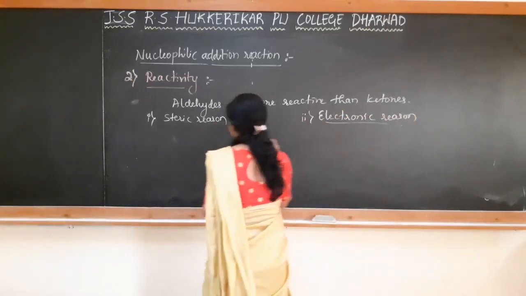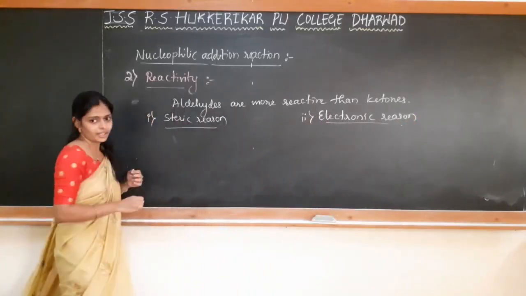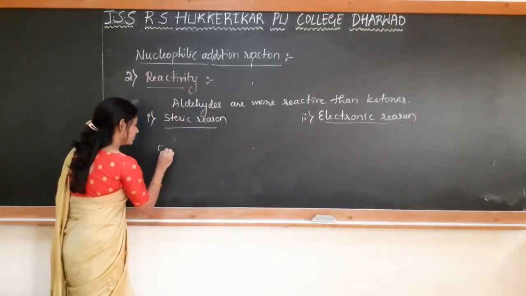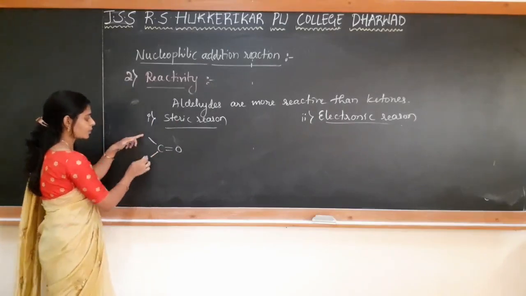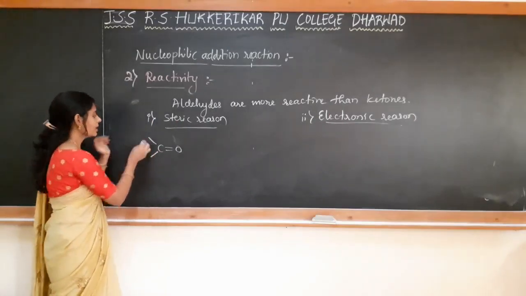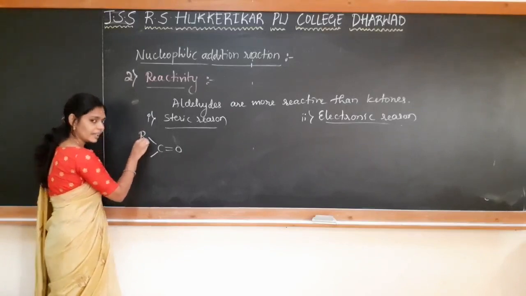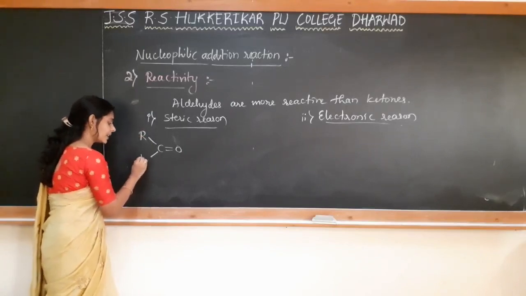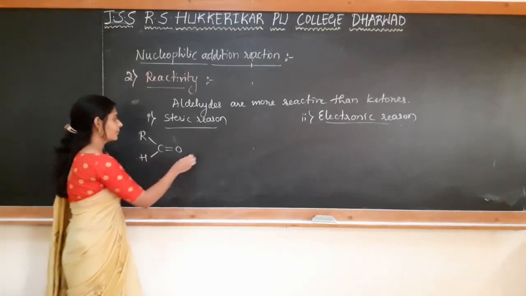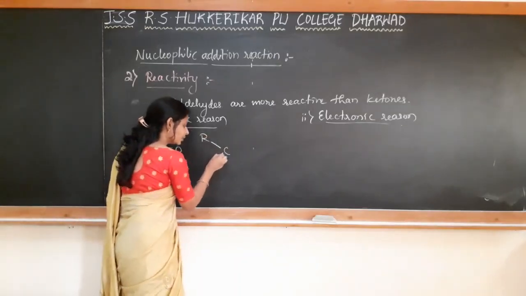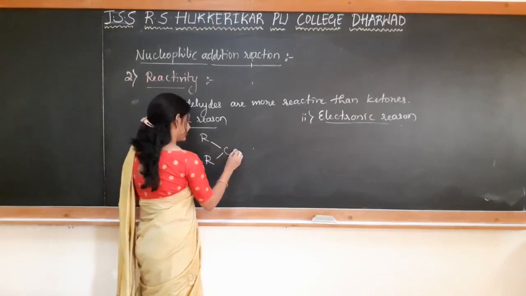So what is meant by the steric reason? In carbonyl compounds, as you know, the carbonyl group is attached to two different groups. If one side has an alkyl group and the other side has hydrogen, then it is considered an aldehyde. If it is a ketone, then both the groups are alkyl groups.